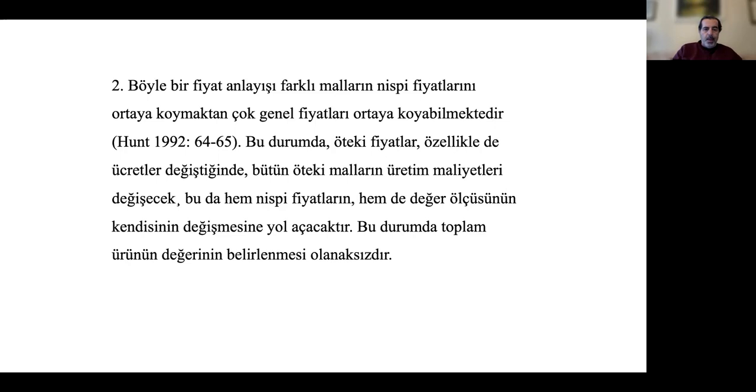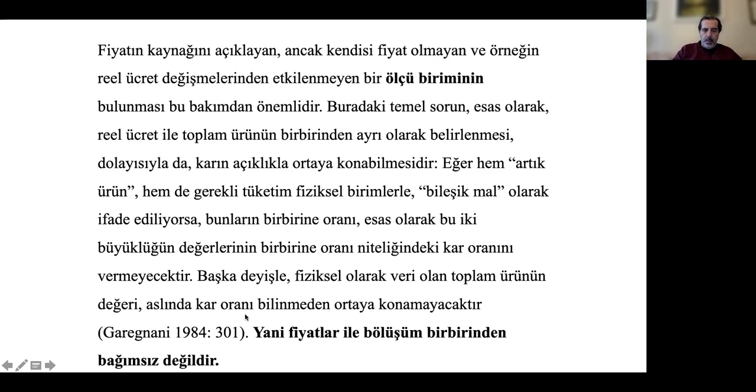We need some measure of value, which is not a price, but is capable of explaining the emergence and changes in prices, and also of distinguishing between relative or real prices and nominal or general prices.